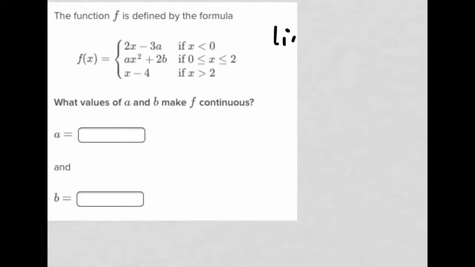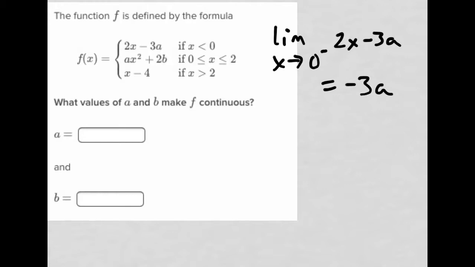So, limit as x approaches, let's say, 0 from the left. That means I'm going to use 2x minus 3a. If x is approaching 0, then what do we get? We get the limit is negative 3a, whatever that is. And then what about the limit as x approaches 0 from the right side? Well, if x is a little bit bigger than 0, I can't use that equation, right? Because the function says only use this function when x is smaller than 0.